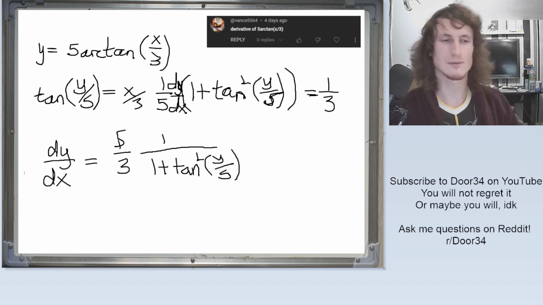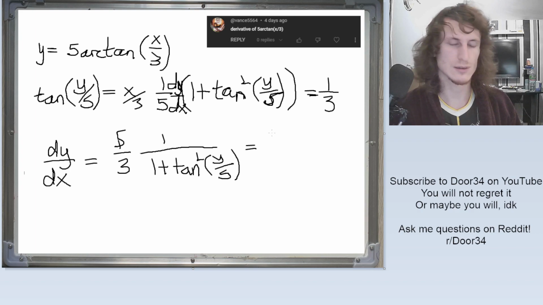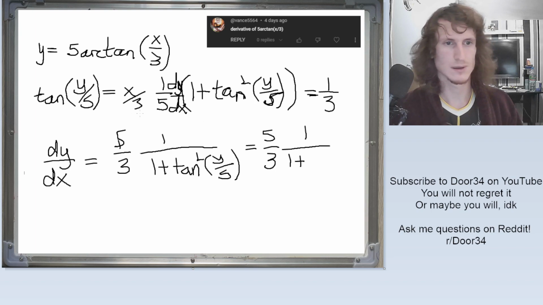And this is just going to be equal to 5/3, and then we plug in our tan of y on 5, which we know is x on 3: 1 over 1 plus x on 3 all squared.